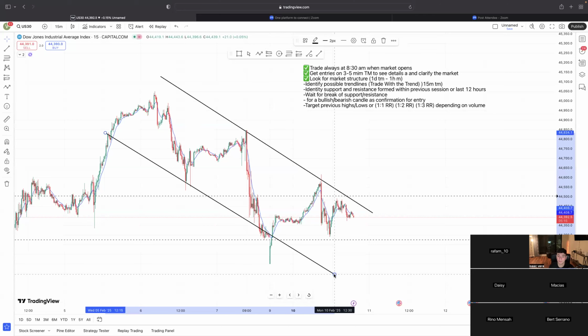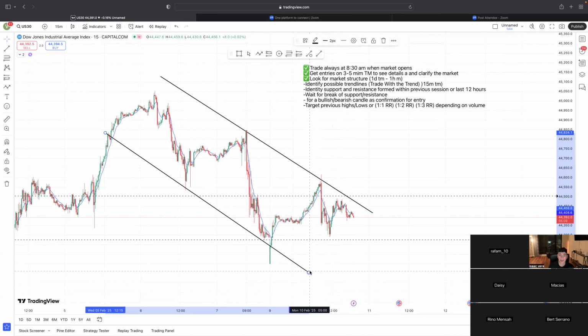And now in the 15-minute time frame, we are still bearish. So what does that mean for me? It means that I am going for more sells than buys in the market, because we are moving to the bearish side.